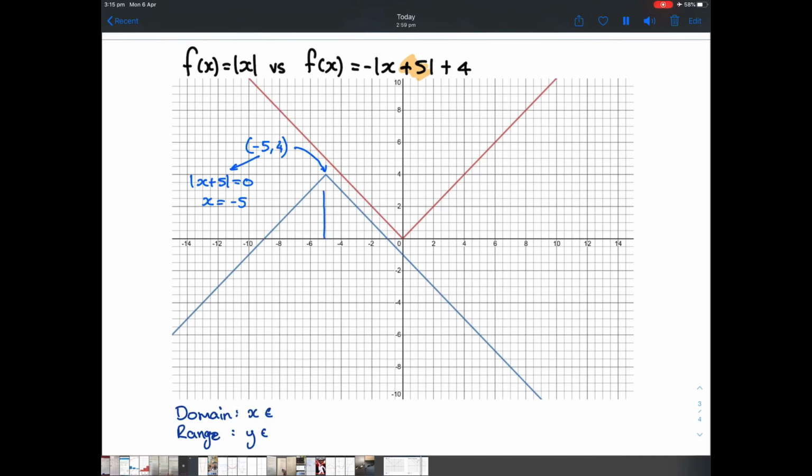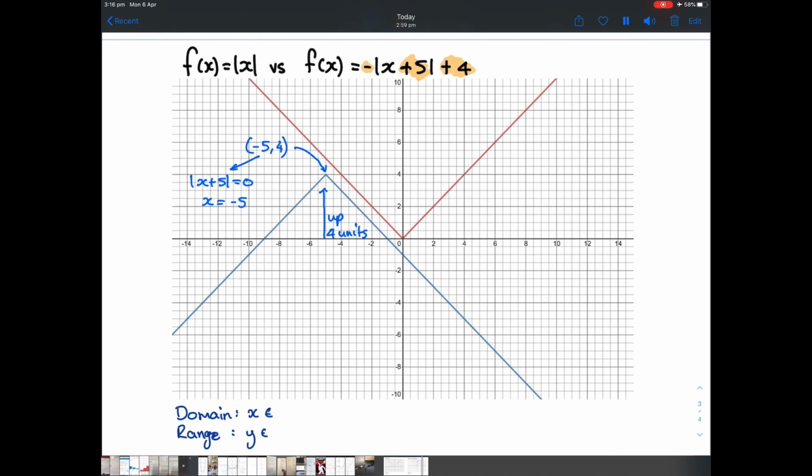This whole graph has been moved up 4 units, and that comes from the plus 4 that's outside, tacked at the end, that constant at the end. And finally, we've got both arms down because there's that sneaky negative out the front.